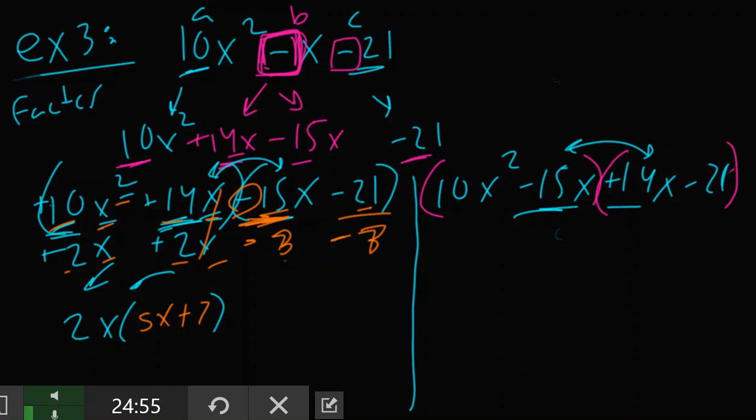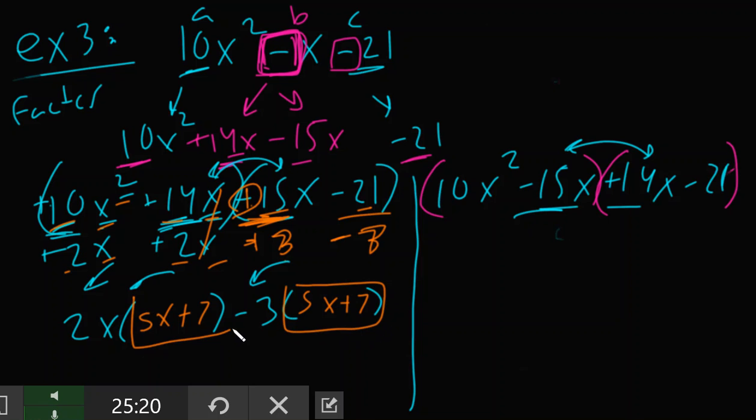Let me keep my numbers consistent here. If I'm dividing out by a -3, I put -3 in front, and then my factor is going to be, negative divided by negative is a positive, 15 divided by 3 is 5x, and -21 divided by -3 is positive 7. Notice I have a 5x plus 7 and a 5x plus 7.